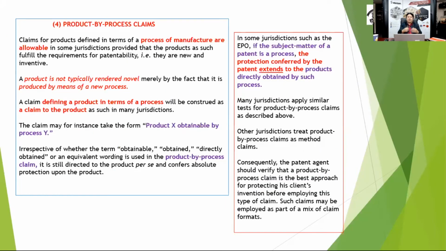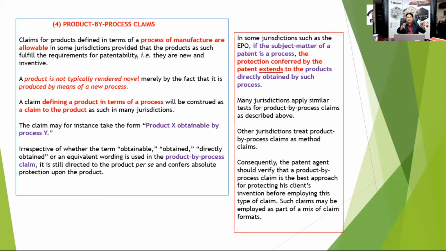Product-by-process claim. A lot of people will ask me this question: if I invented a process and the end result, the product, can I patent the product as well? Yes. By law, especially under EPO standards and Malaysian standards, the protection of the patent is extended to the products directly obtained by the process.